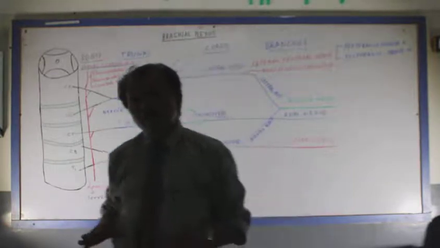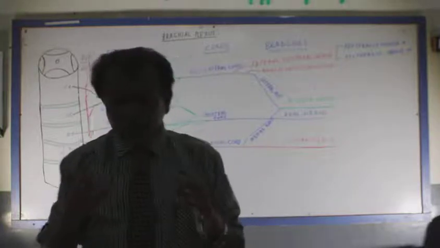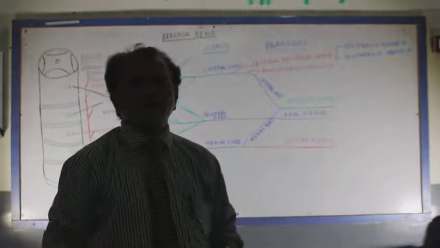So the serratus anterior muscle has other actions also. The pushing movement is maintained by the serratus anterior, and the punching movement also is maintained by the serratus anterior.